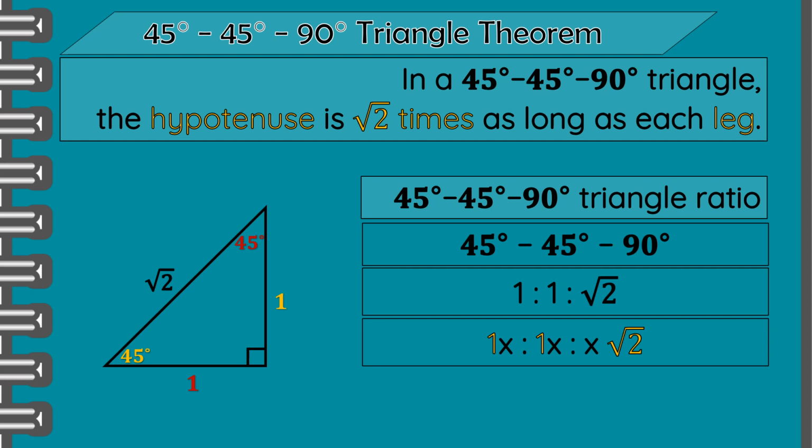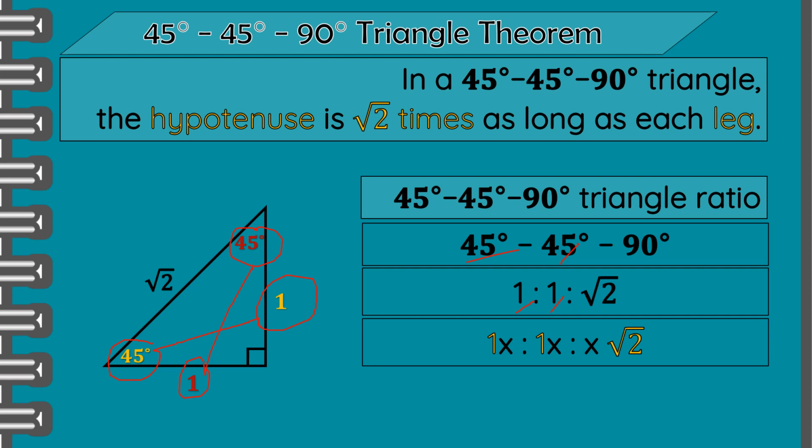As you can see on the figure, this 45-degree angle has the opposite side which is 1 unit long. Another 45-degree angle, its opposite side is another 1 unit long.